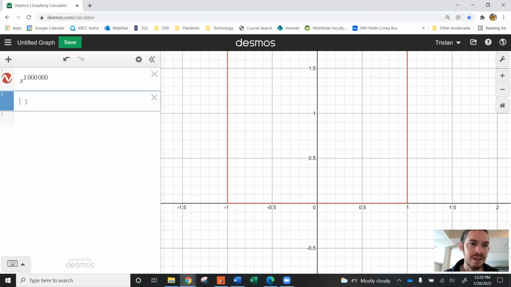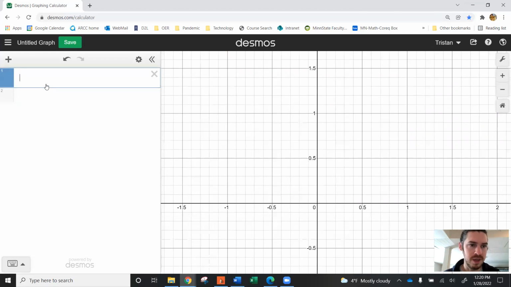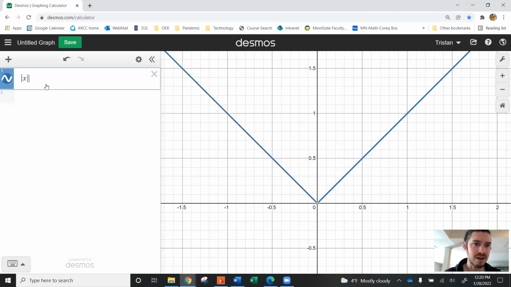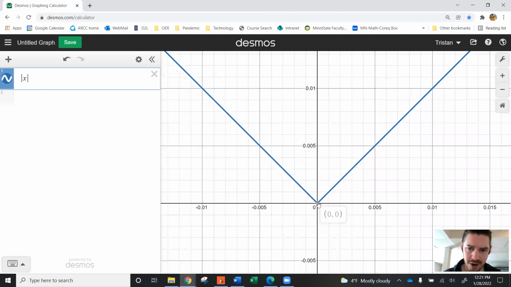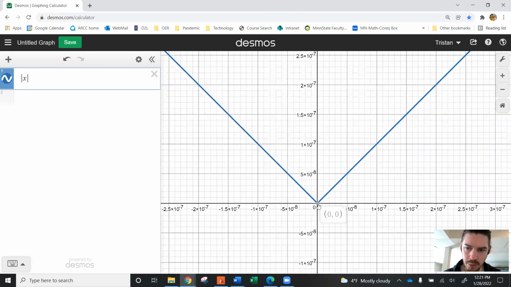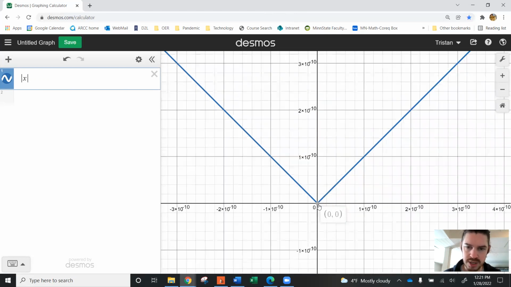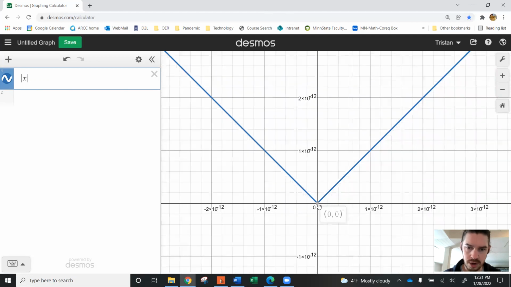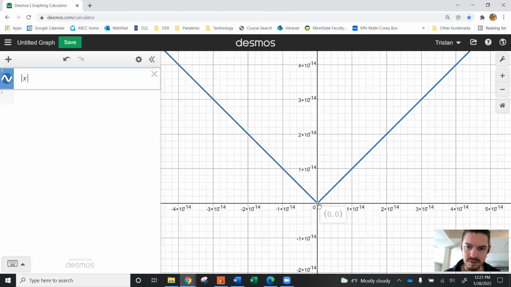Something that genuinely isn't differentiable though is the absolute value of x, which has this corner right here at the origin. And no matter how far I zoom in on this corner, it is always a corner. I will never discover that this is actually a smooth transition. This is a corner to the bitter end.